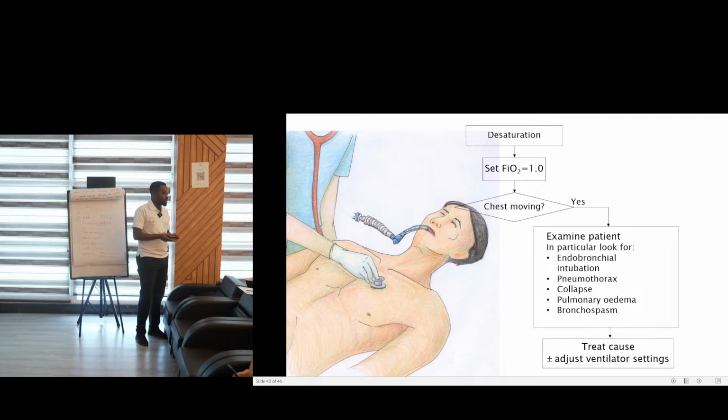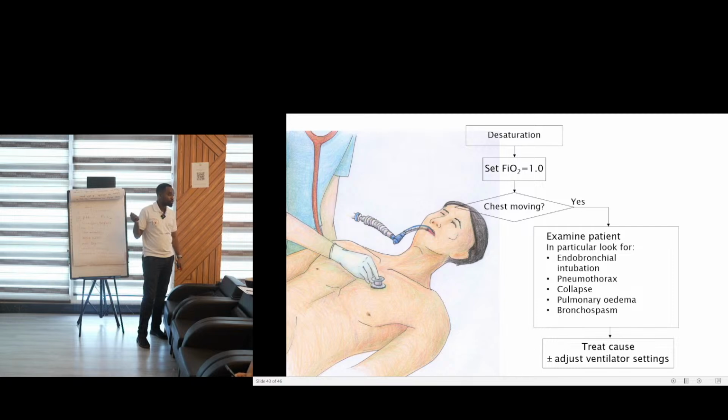At the beginning you recorded your tube depth to be 21, and now you find it to be 24, and your patient is desaturating. Mind you, you are excluding the other lobes, you're excluding the left side. So endobronchial intubation is very common.